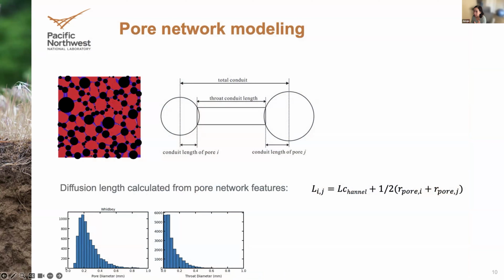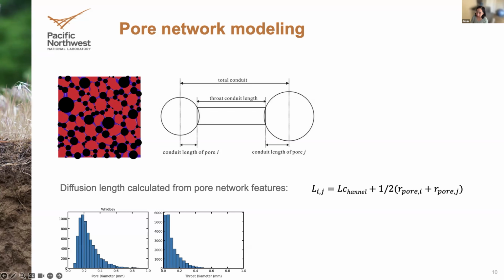They may have different radii, and they are connected by a throat. For diffusion, we would assume most of the microbial activities occur in the soil pores, because they have the ideal volume for microbial colonization and for more microbial interactions to occur, in a very simplified way.